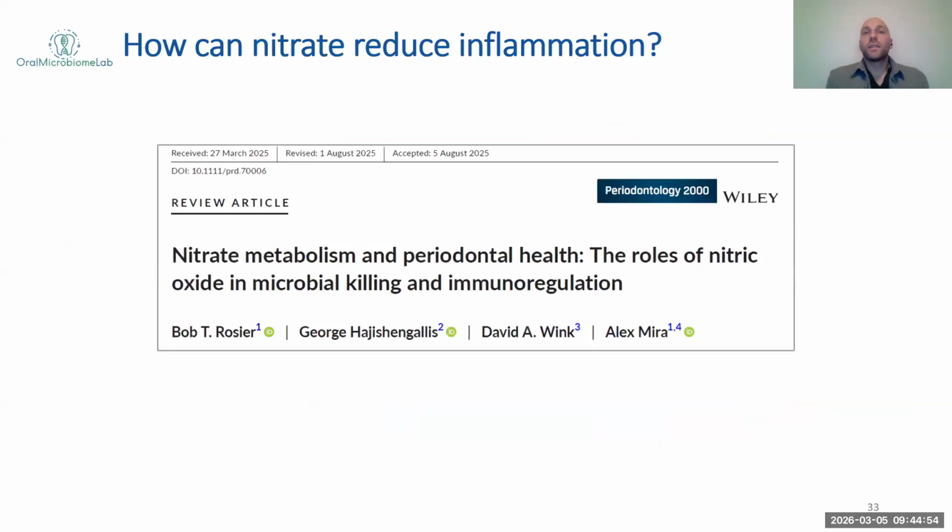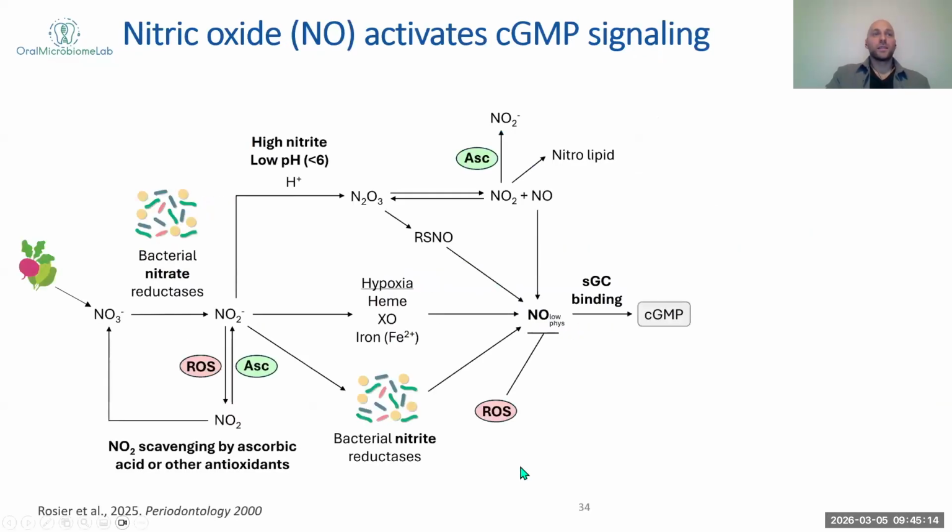And we recently dived into literature to find molecular mechanisms behind this prebiotic effect of nitrate. Basically, we try to answer the question, how can nitrate reduce inflammation? And once again, it's mostly because of nitric oxide production. It's a little bit complicated graph, or perhaps difficult to follow, but I will go over it.